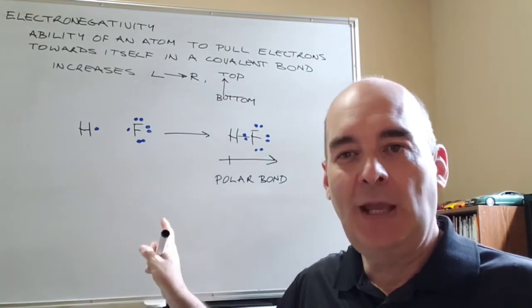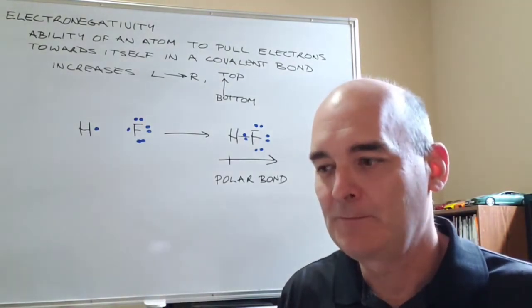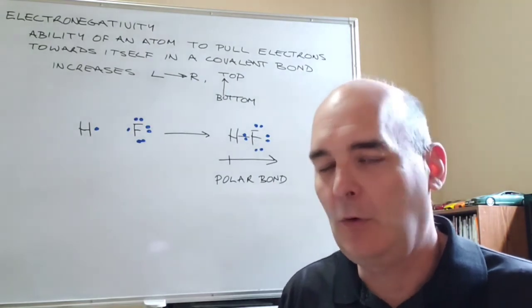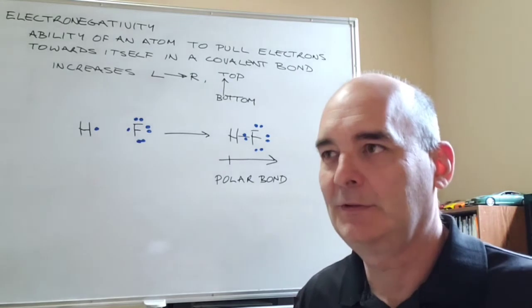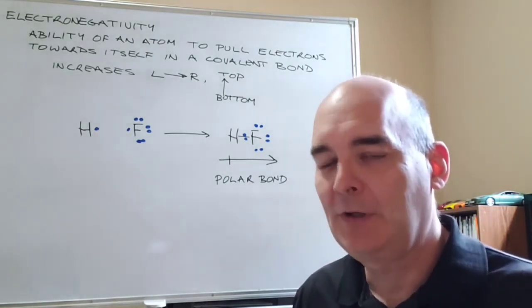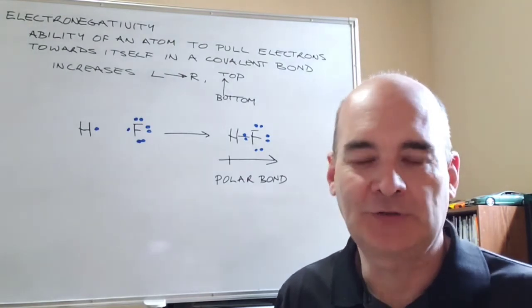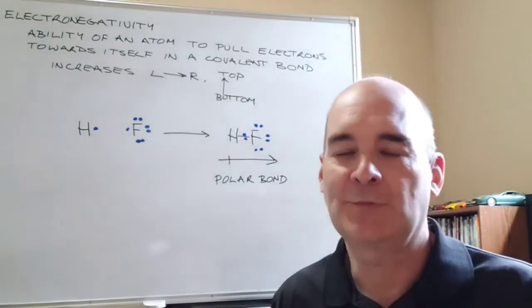So by putting a polar bond into our molecule, does that mean that all molecules with polar bonds are themselves polar? Well, no. We have to learn something about three-dimensional structure before we can make that assumption. And that's what we'll do next.